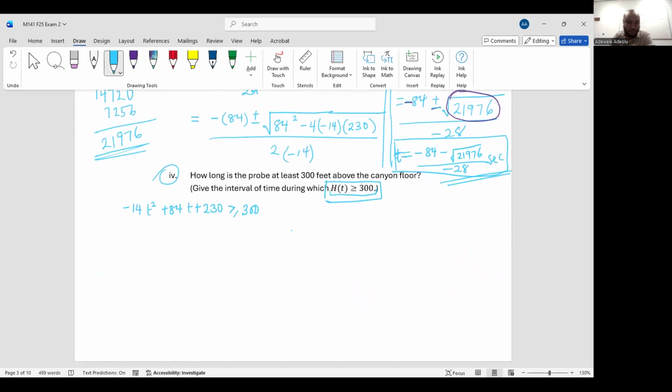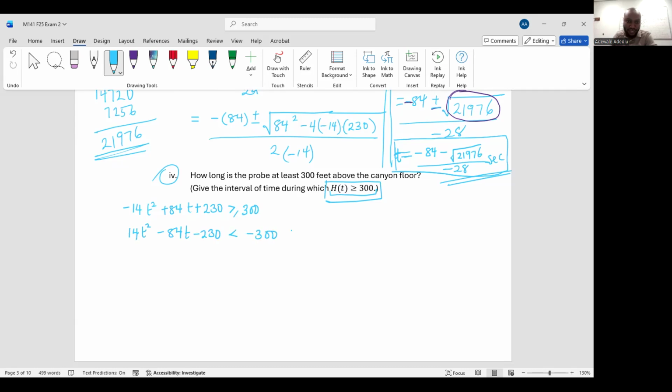So just solve this. To make my work easier, I can multiply through by negative. I don't want to have negative on that 14. So if I multiply by negative, I will have 14t squared minus 84t minus 230 minus 300.